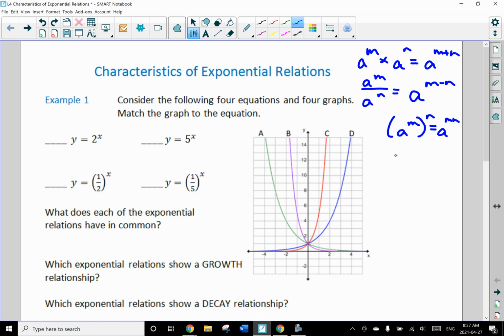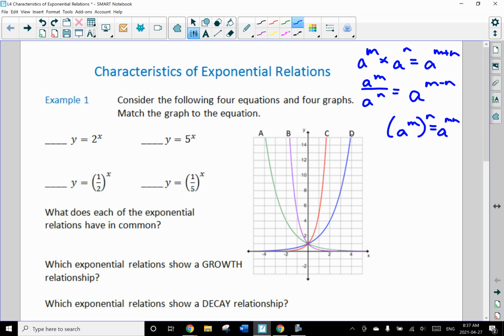The reason we wanted to look at those is because we're now going to take our understanding of some of this stuff and start graphing it. All right. So looking at these four graphs here, they all represent exponential relationships.